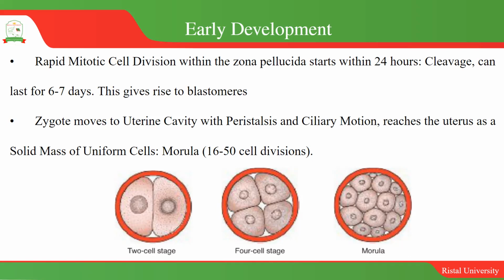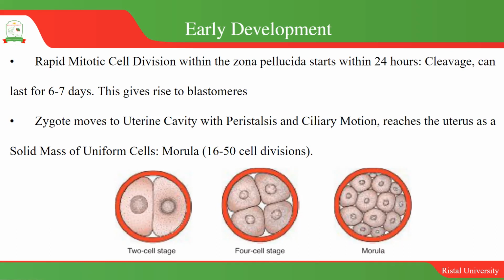Okay, and these cell divisions can start within the first 24 hours after fertilization. This type of cell division is called cleavage. Okay, the cells increase in number, but the size does not really change, and it can occur for up to 6 to 7 days.